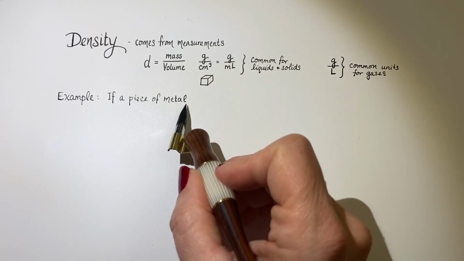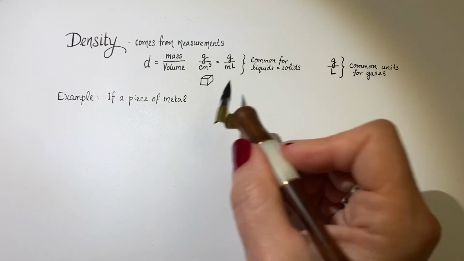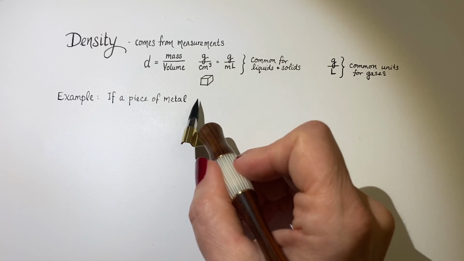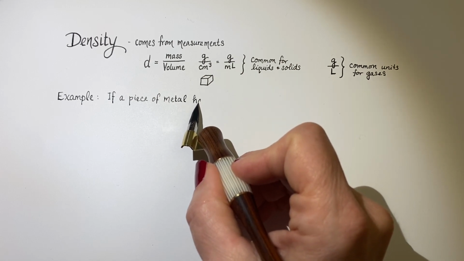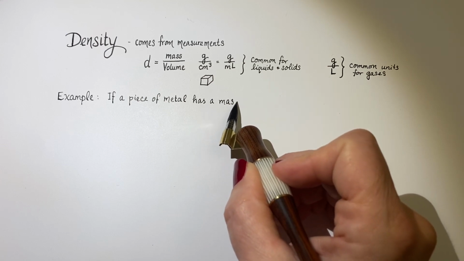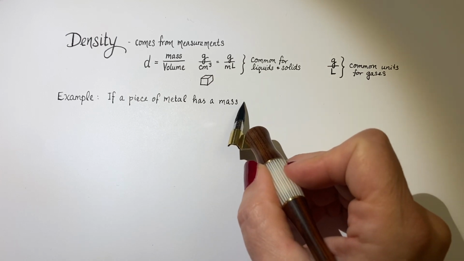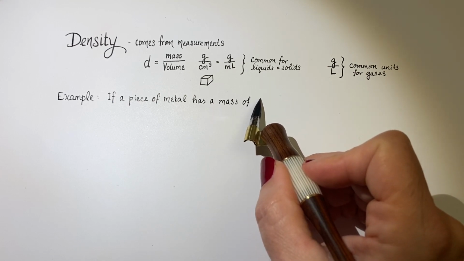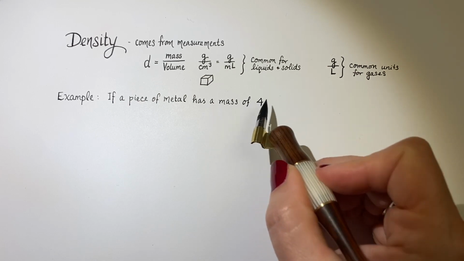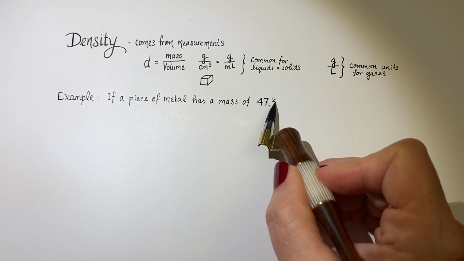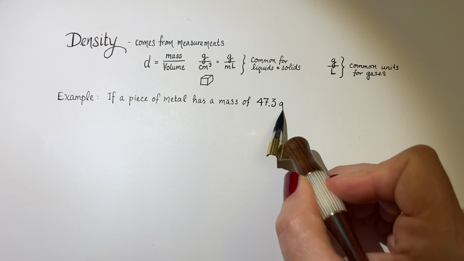There's nothing else mixed in. It's not an alloy. It's just 100% one element. And if it has a mass of, let's say, we weigh it out, put it on a scale, and we find that it has a mass of 47.3 grams.